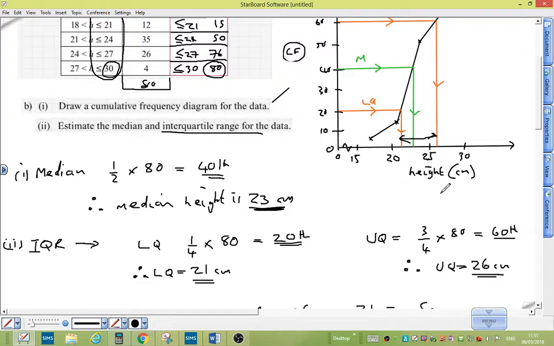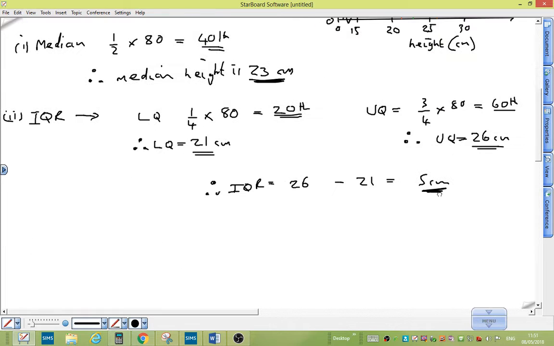So is this data consistent or inconsistent? Consistent. Okay, so therefore it would suggest the data is consistent.